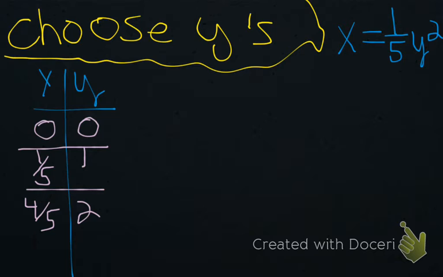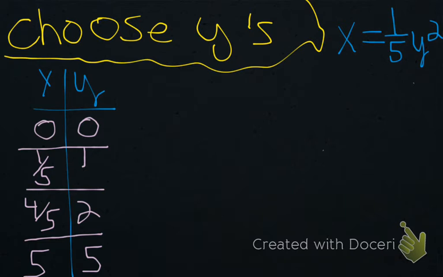It's going to be impossible to graph unless you go by 5s. Actually, we could do 5. If you do 5 for y, y squared is 25. 25 divided by 5 is 5 again. So there you have it, our points that we can plot.